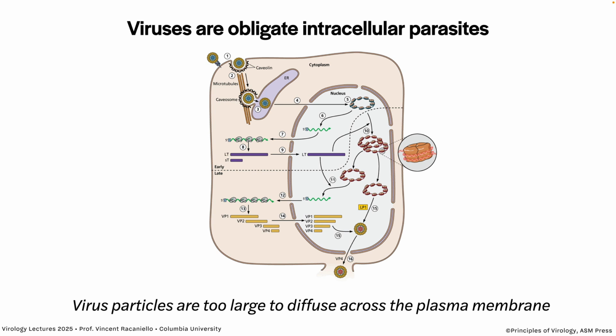A cell is circumscribed by a plasma membrane, and viruses are too large to get in. In fact, water molecules can't even get in. They have to be taken up by processes that we'll talk about in a bit. So virus particles are too large to diffuse, so they depend on transport pathways that exist in the cell in order for them to get inside.